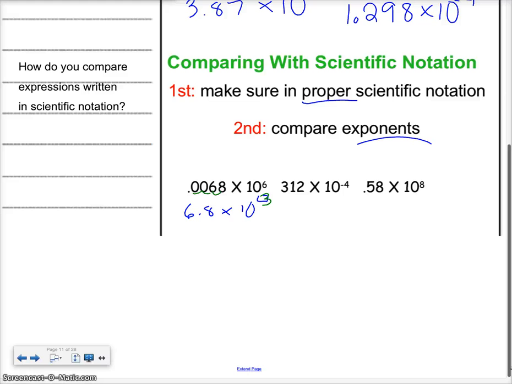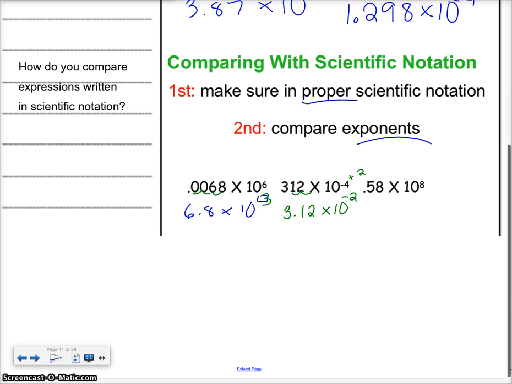The next one, 312 times 10 to the negative 4, is not in proper form. It's 3.12 times 10, then think about your exponent. I got smaller by 2, so I need to get bigger by 2 for my exponent. So I add 2 to that exponent, and I get negative 2.